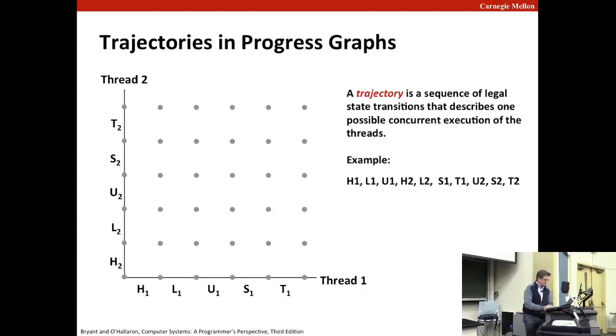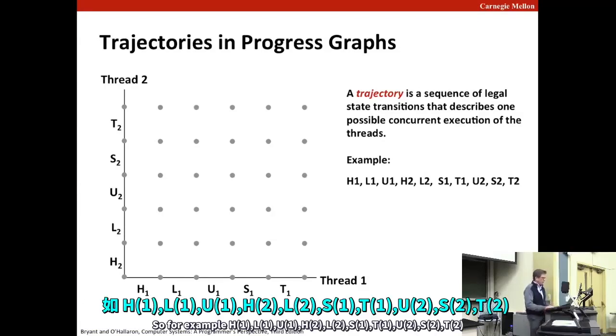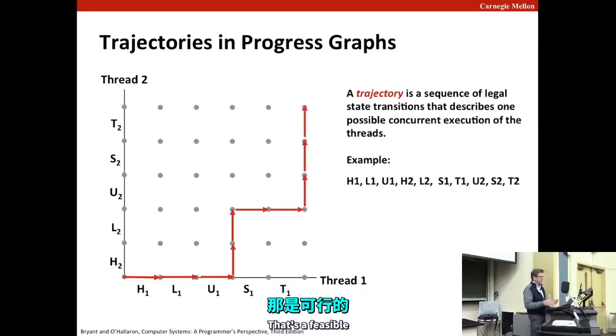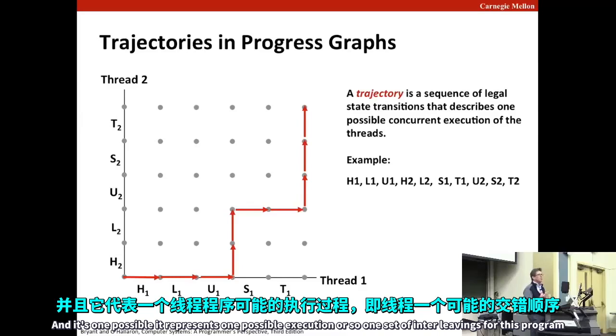So for example, H1, L1, U1, H2, L2, S1, T1, U2, S2, and T2, that's a feasible trajectory. It represents one possible execution, or one set of interleavings for this program.